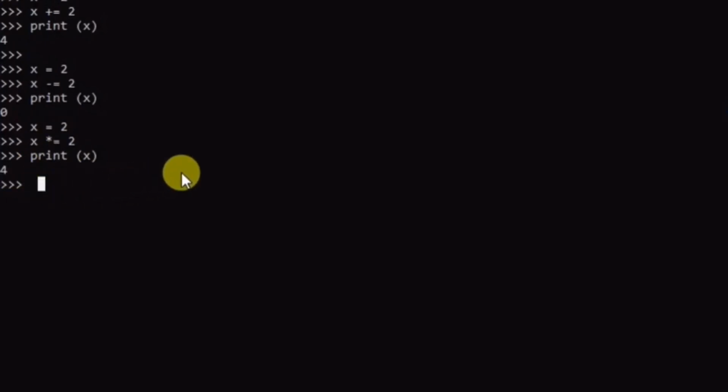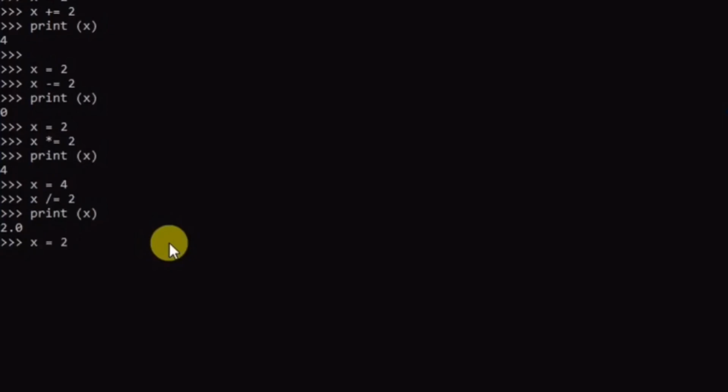Another example: first the x's value is 4, and this is the division assignment operator. We write division equals to 2, and print the value of x. See the result, 4 divided by 2 is equals to 2. The answer is 2. The next one is the exponential part.